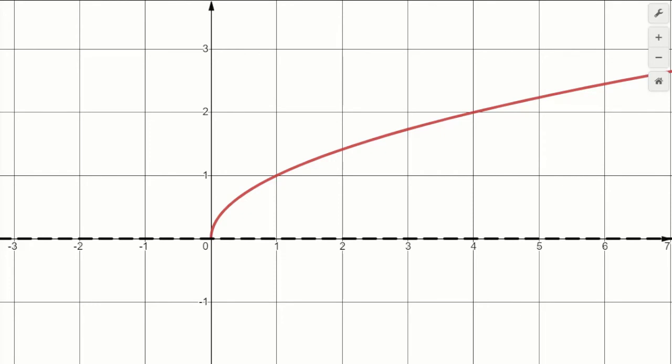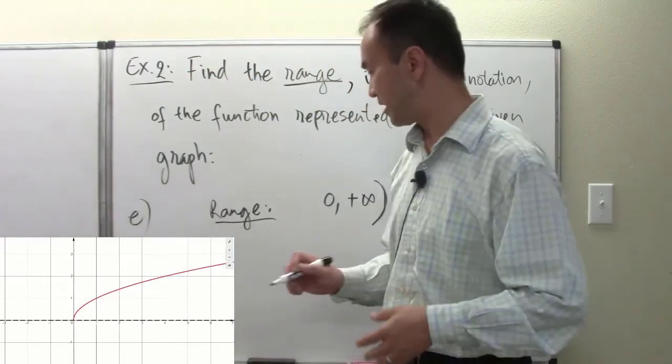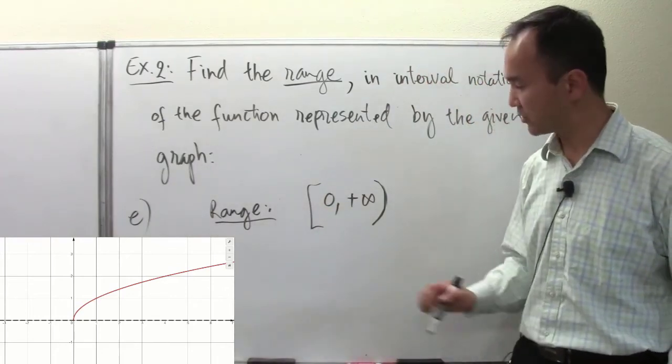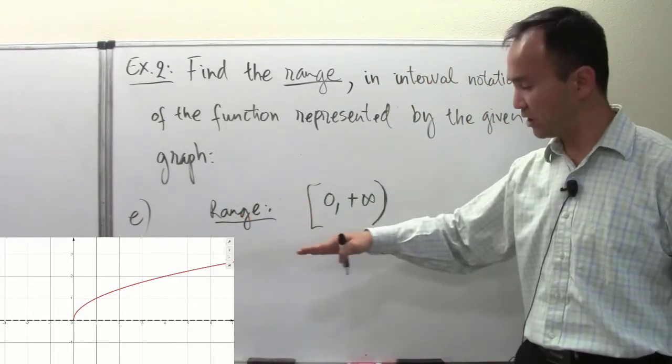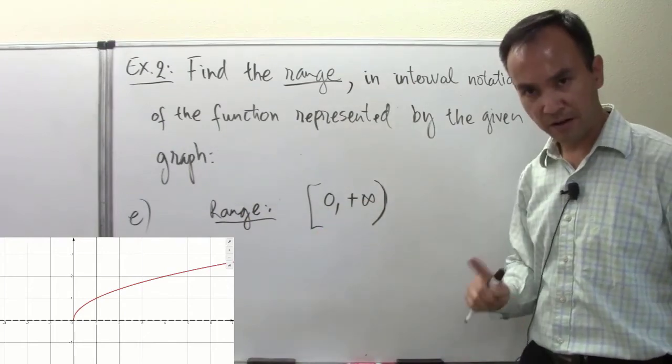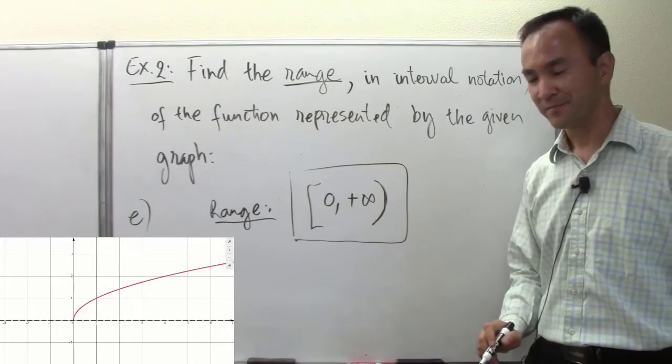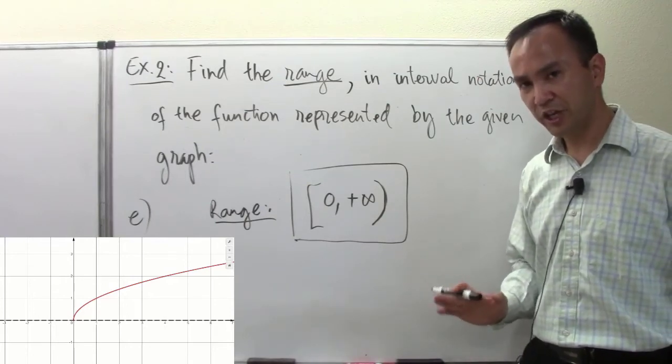So in the way we see this graph right here, yes, we do include y equals 0. So the range for this graph is anywhere from 0 and up. All right, so that's the end of this particular example right there.